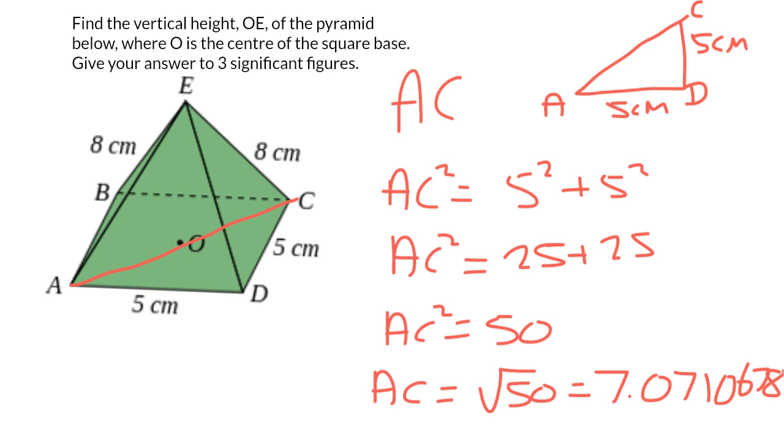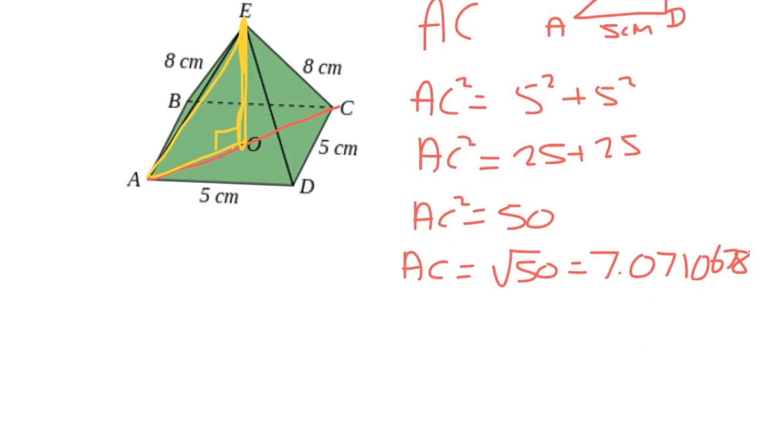Now for the next part of the question, I'm asked to calculate the height. Now the height would be this line here. So what I'm going to do is make myself a right angled triangle here, which I'm now going to draw again down here.